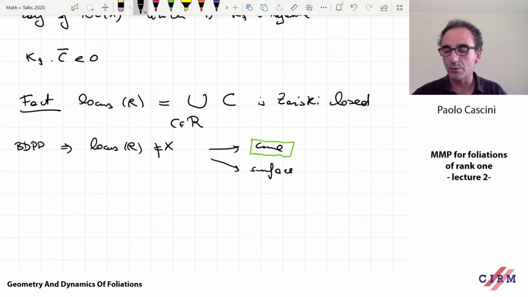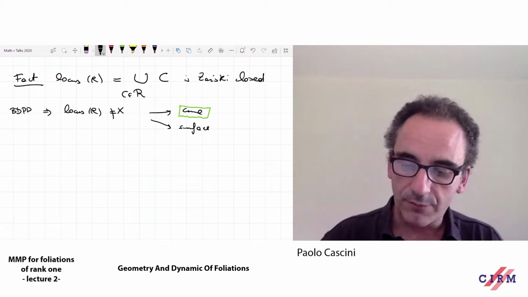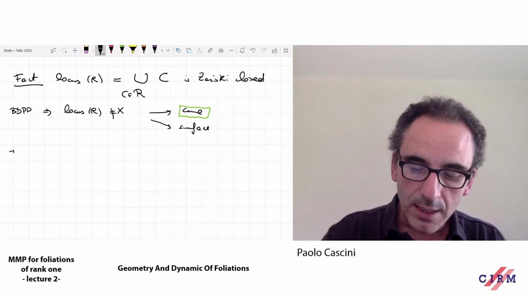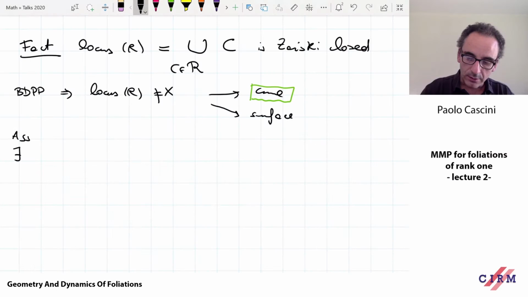So I'm going to consider this case here, which is the most interesting case. It's the case we talked about in the previous lecture, the case of the flipping contraction. So the first thing that we do, exactly like in the case of rank 2 foliations, is that it's possible to show, and this follows from Artin's theorem, that we can contract it, so assume it's a curve.